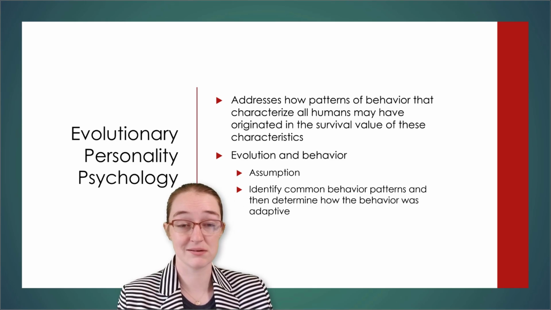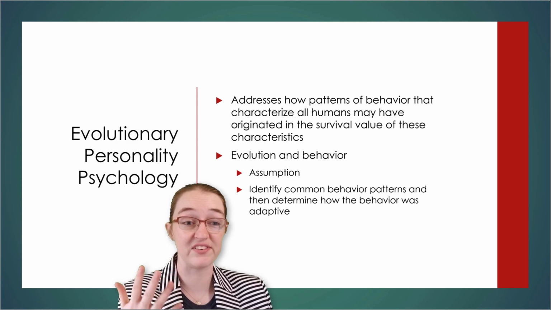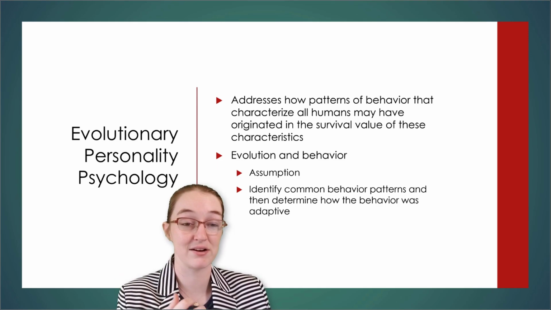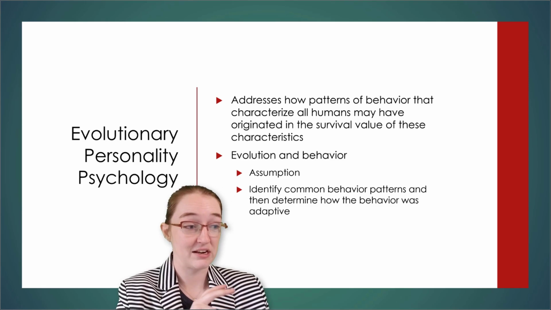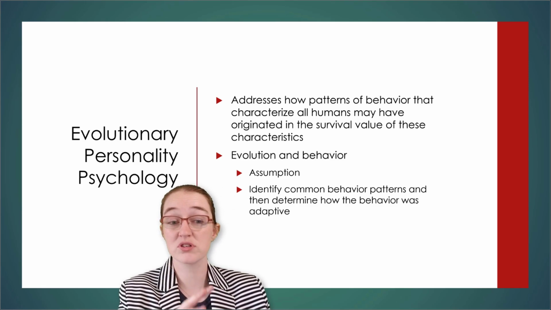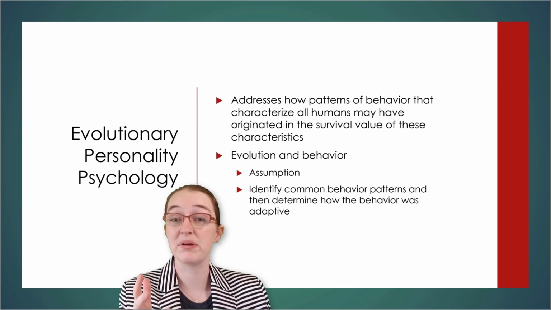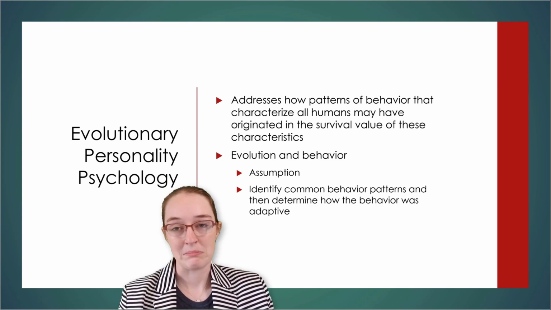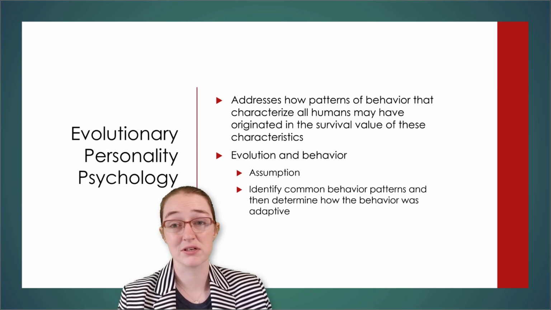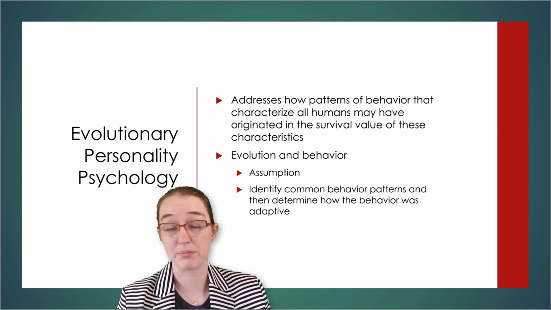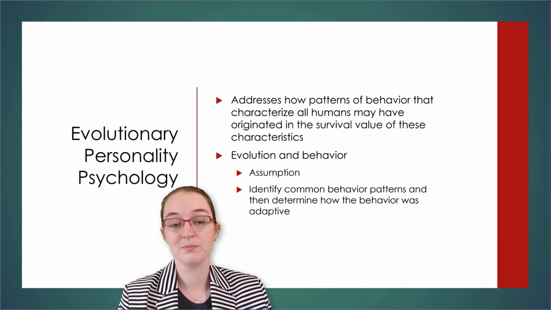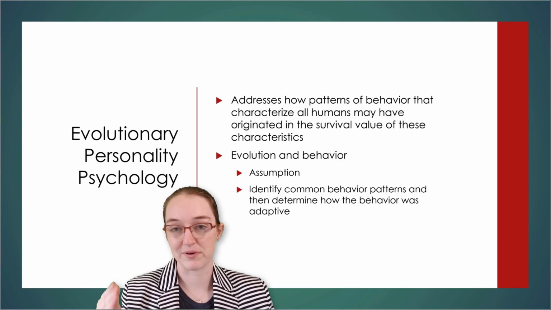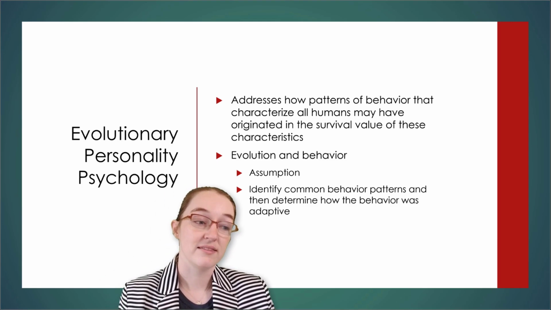So the assumption is that these behavioral patterns developed because they were necessary for survival in evolutionary history. The characteristics with more survival value are more likely to appear in subsequent generations. If something increases your ability to reproduce, or your offspring's ability to survive until the next generation can produce offspring, that's evolution.